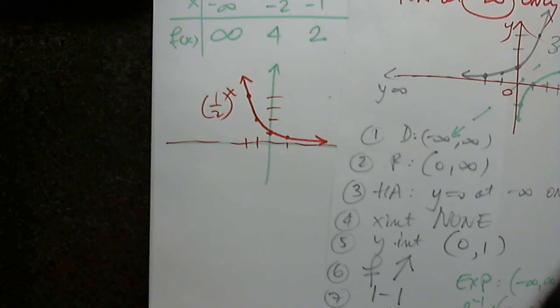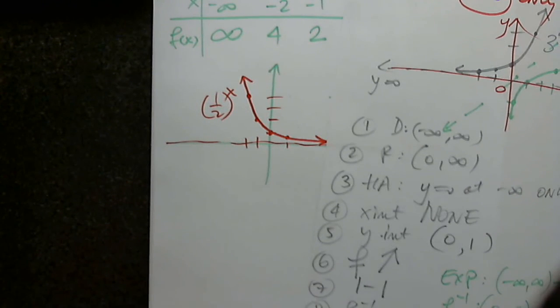But only at positive infinity. What will you say about x-intercepts? What will you say about the y-intercept? What will you say about increasing or decreasing on all its domain? It's decreasing on all its domain. Look at my hand. Very good. And is it 1 to 1? Does it have an inverse?